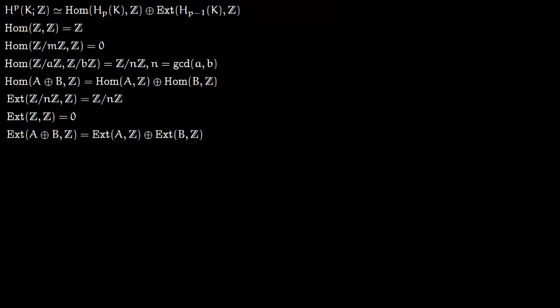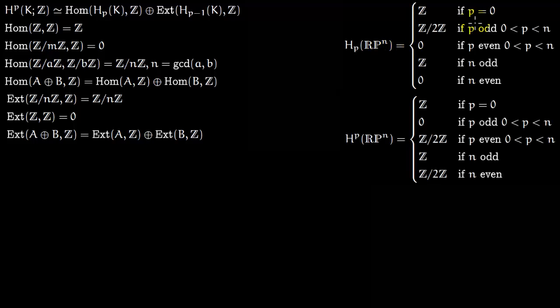So this is the homology for RP^n. So if p is 0, it is integers. It is Z over 2Z if p is odd. So if p is even, then it is 0. Now this n here could be even or odd. So if you are choosing this n to be even, then the homology would be 0.